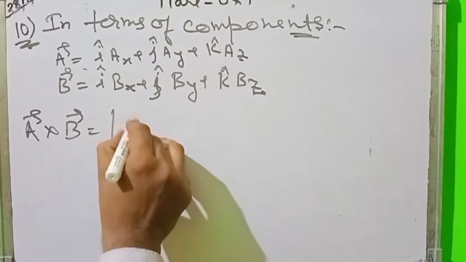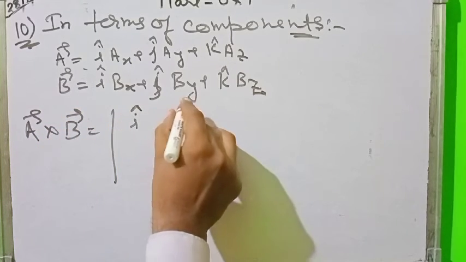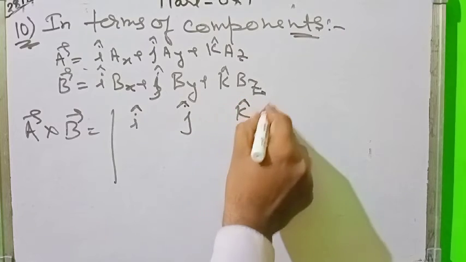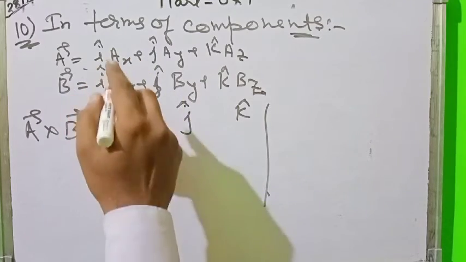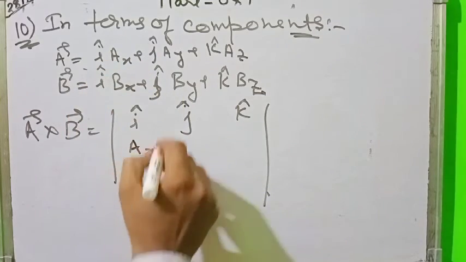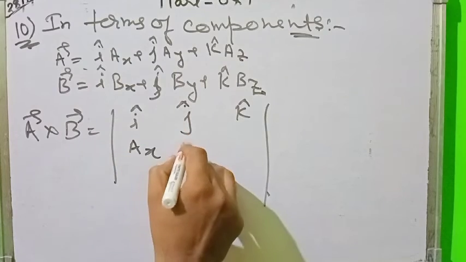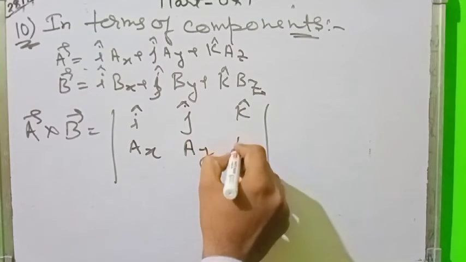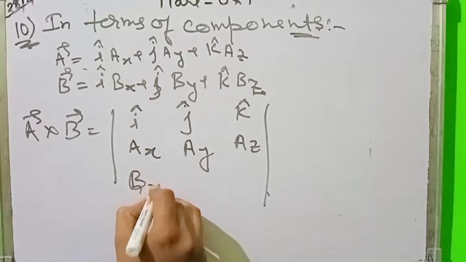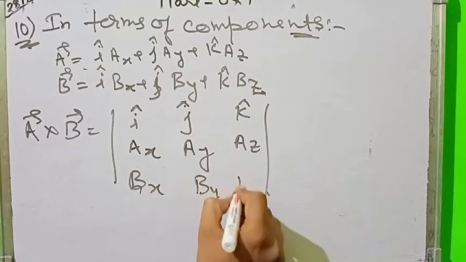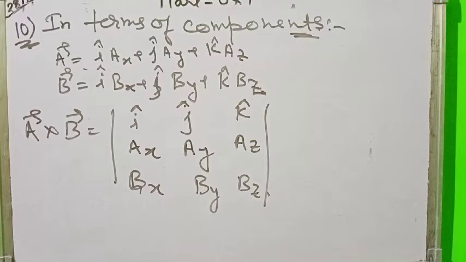For this, we write i cap, j cap, k cap, and then the coefficients of vector A: Ax, Ay and Az, then the coefficients of vector B: Bx, By and Bz. Now students, look at how we proceed and try to understand.